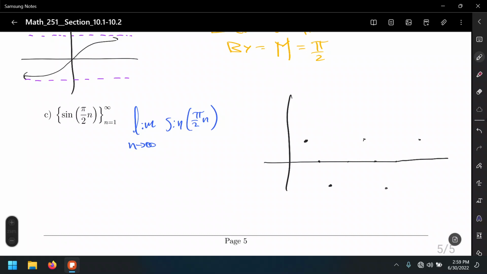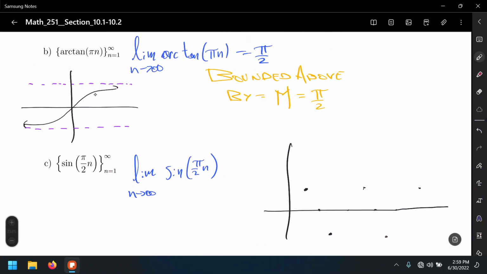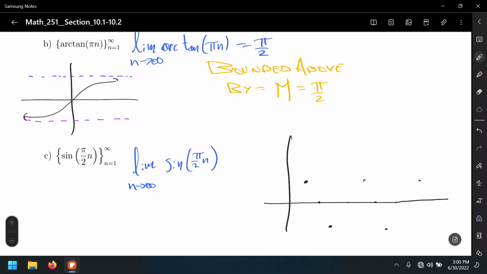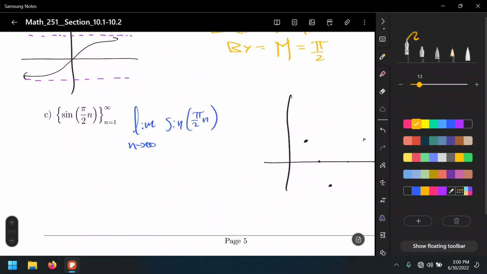That means, towards the positive direction of infinity, we have both limits up and down as the bounds. Not like the previous example, the arctangent, because the arctangent is not oscillating. It's actually getting closer to pi over 2. But in this case, we have both bounds. So how do we describe this function?